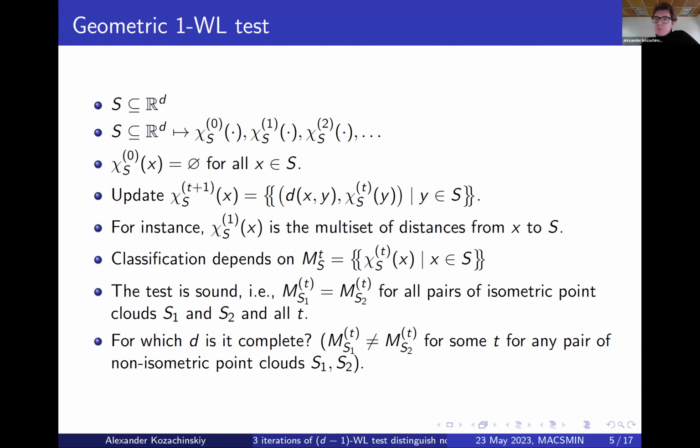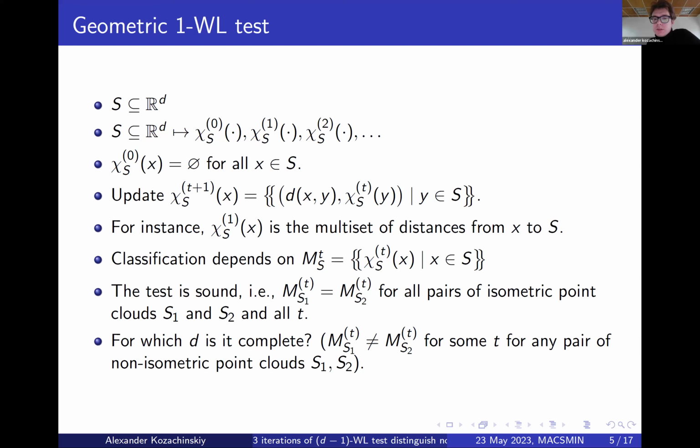Remember the distance to this point y, and also the label of y from the previous iteration. Then the multiset of these pairs is the new label of x.